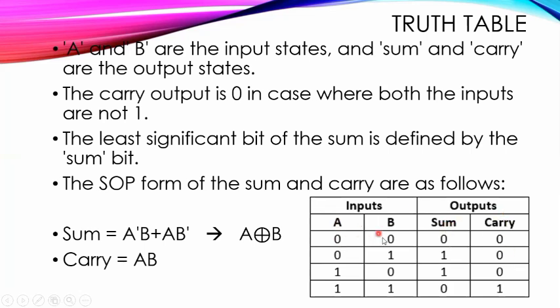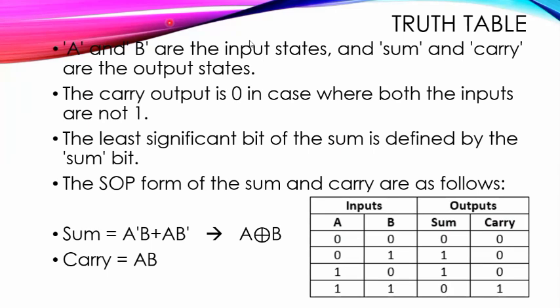When we add it in the normal form, 1 plus 1 might be 2, but in binary form it will be a little different.